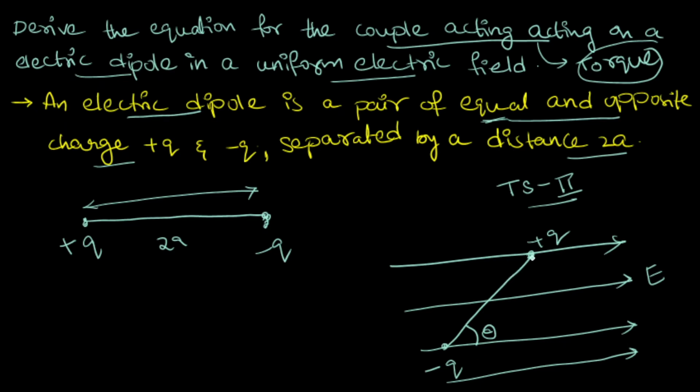The force due to the electric field acting on the positive charge is equal to Q into E. Because of this electric field, there will be a force acting on the charge Q equal to QE, and the force acting on the negative charge is equal to minus QE.